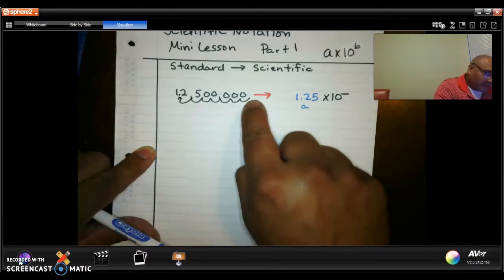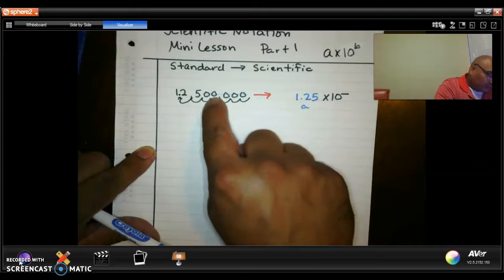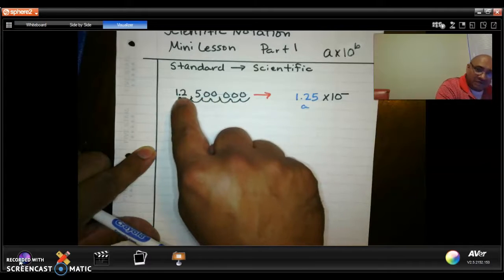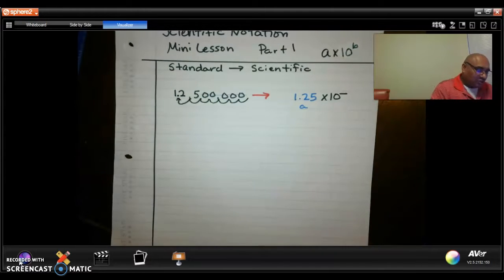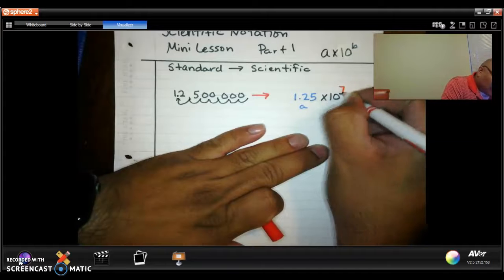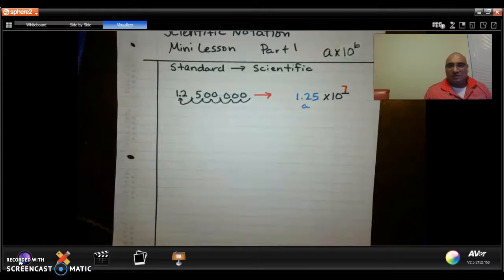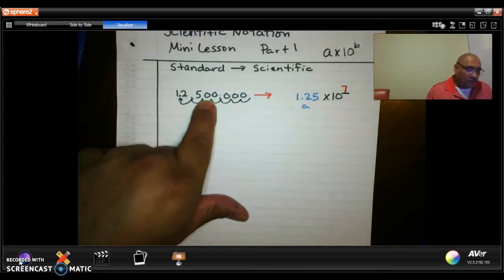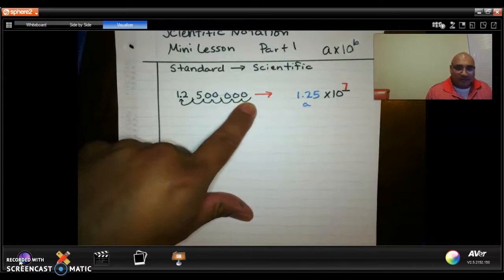So that means we counted 1, 2, 3, 4, 5, 6, 7 spaces, which means our exponent is positive 7. And it is positive 7 because our zeros are on the right-hand side.